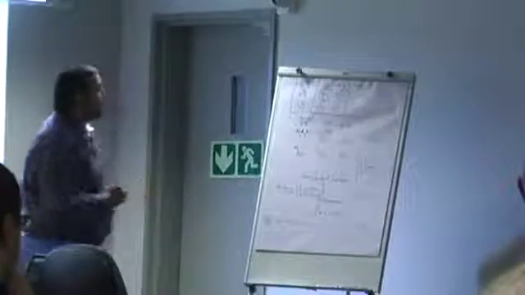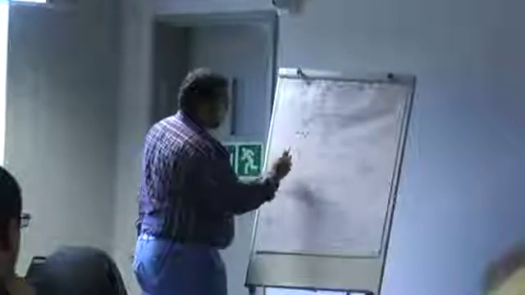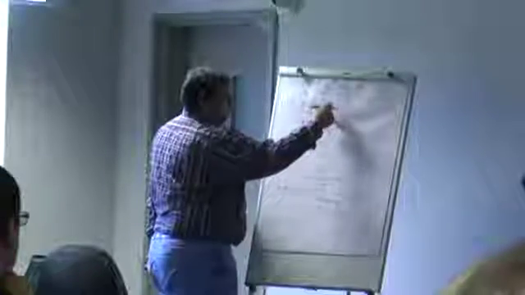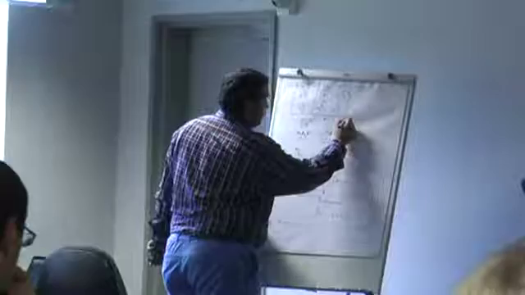Also we have x, but this time, I'm confused now. Oh, okay. So we have x and y. If I go up, down, it'll be x minus 1, y. Please correct me if I'm doing something not right. So x minus 1, y plus 1.